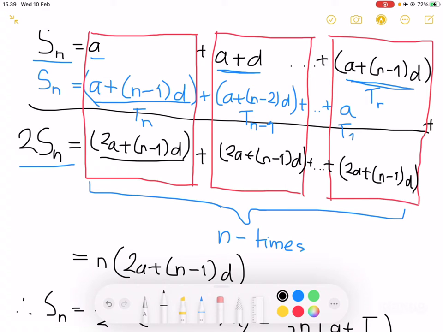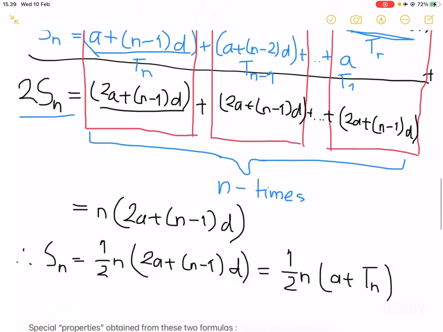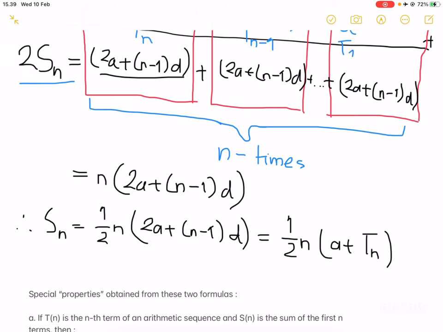Why? Because remember, we're counting from the first term to the nth term, so there are n terms between these. So we can just rewrite this as a multiplication expression. So we have n times, in the parentheses, 2a plus n minus 1d.